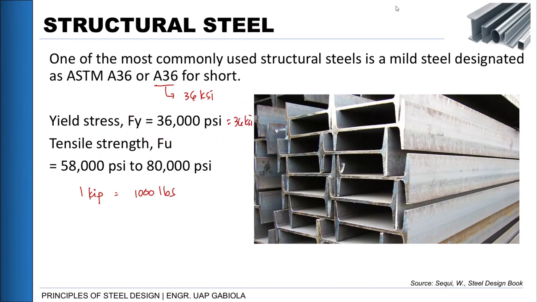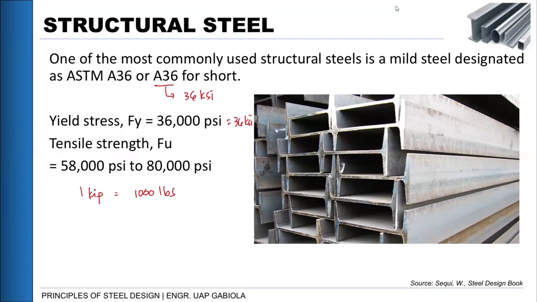Okay? So, that's why A36 ang tawag sa kanya and it has a tensile strength or FU of 58,000 to 80,000 psi. So, mapapansin natin naka-range yung value ng ultimate strength ni A36 because once na manufacture si A36 hindi nakokontrol yung value ng tensile strength niya.